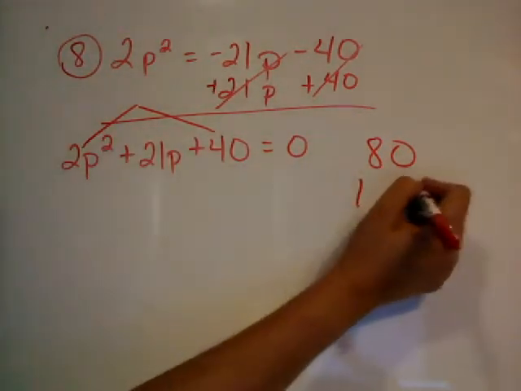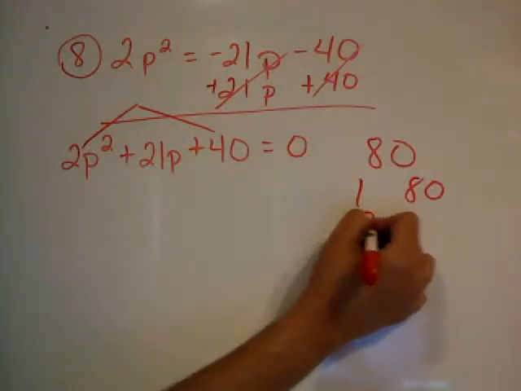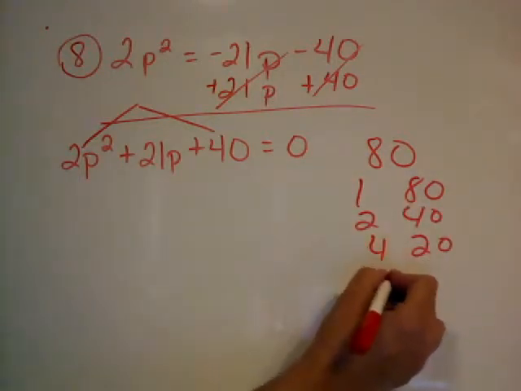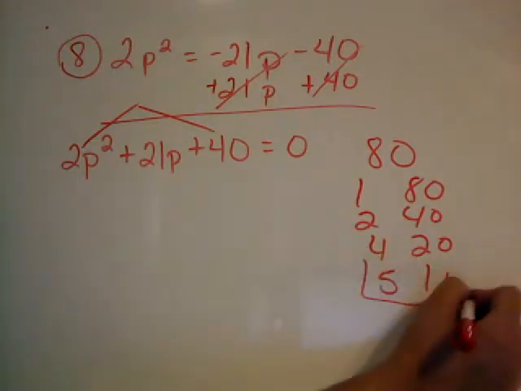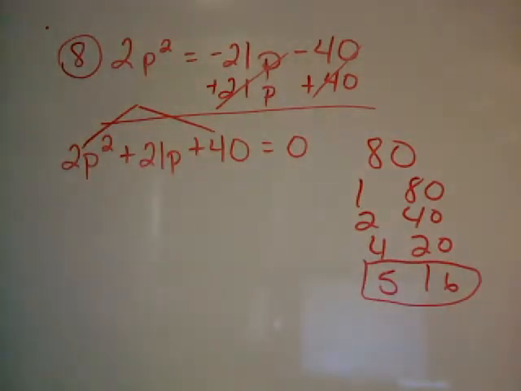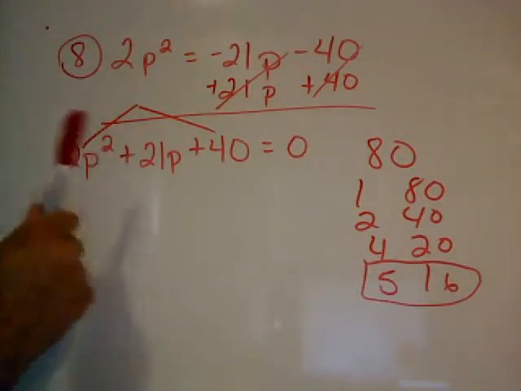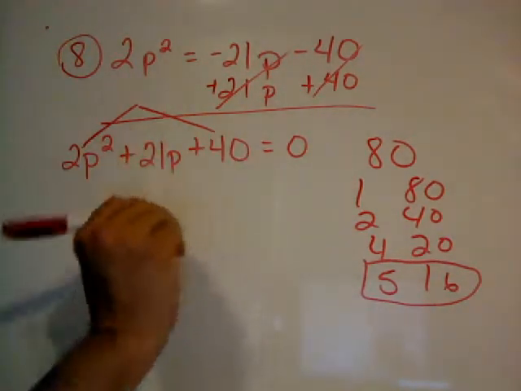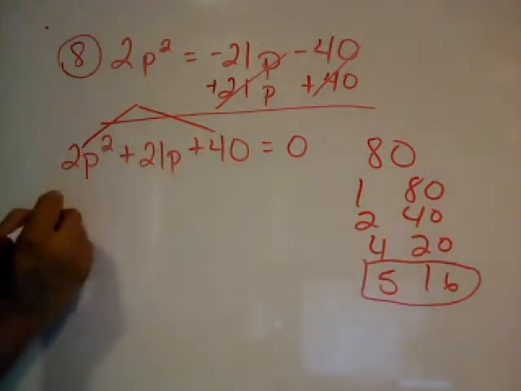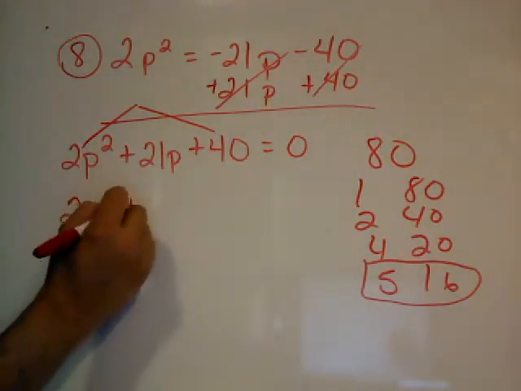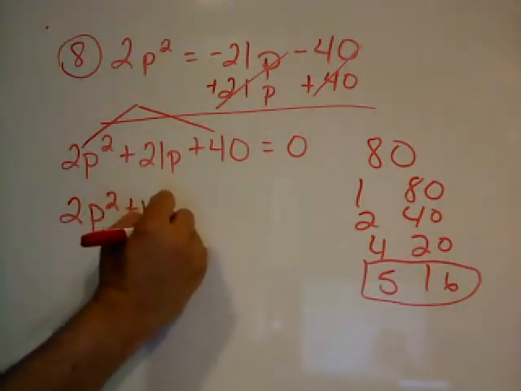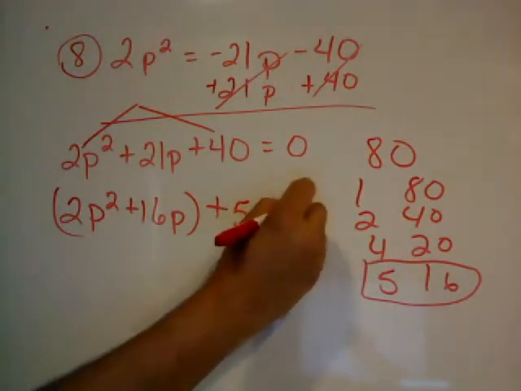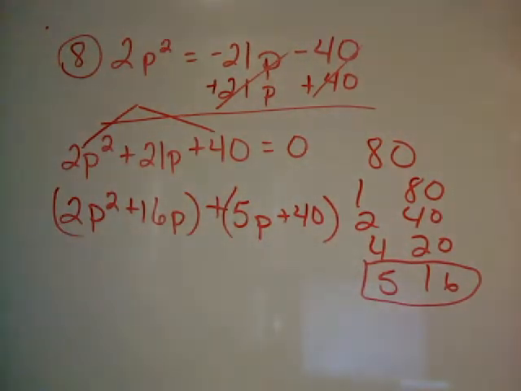So 1 times 80, 2 times 40, 4 times 20, 5 times 16, and if you look right there, if you add 16 and 5 together, you're going to get your 21. So I'm going to put the 16 with the 2 and the 5 with the 40 because I can factor those really easily. So it's going to be 2p squared plus 16p plus 5p plus 40.